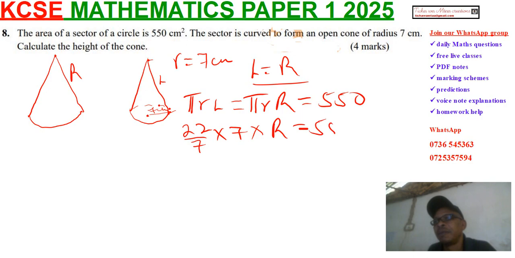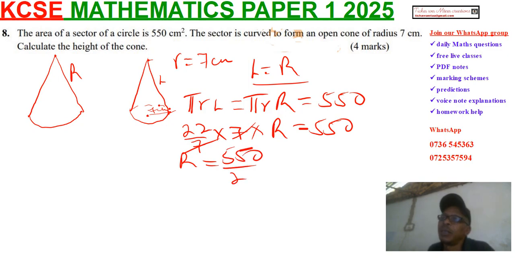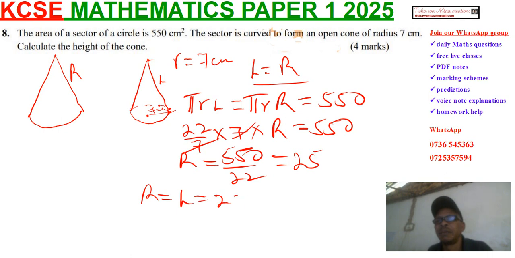So R is equal to 550 divided by 22, and when you divide using your calculator, you should get 25, implying that R is equal to L is equal to 25. We have calculated that.